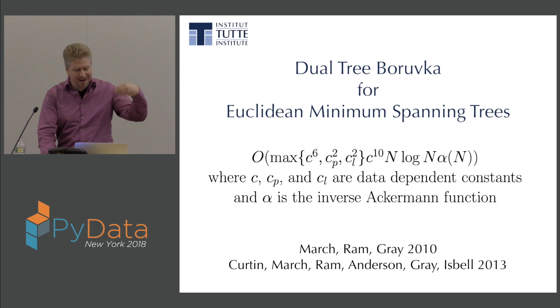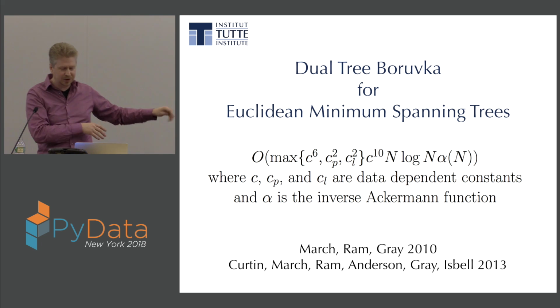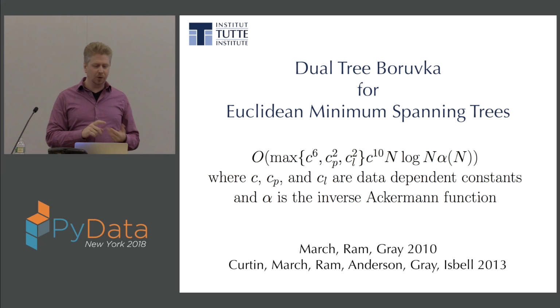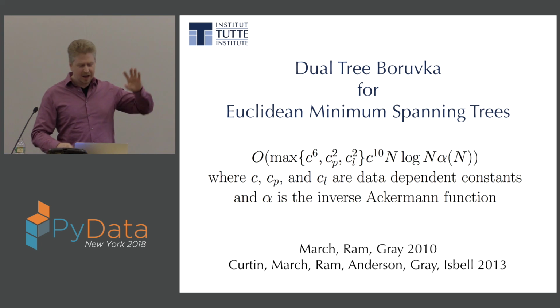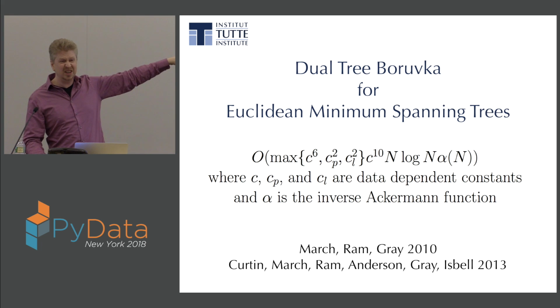Now, the intuition we've just described has been put into practice by a great paper by March, Ram, and Gray. They actually provide us good complexity bounds. It's called Dual Tree Boruvka for Minimal Euclidean Spanning Trees. Wonderful paper. It works for KD trees. It works for cover trees. That looks like a slightly complex complexity bound. Those C's are just really small data-dependent constants.